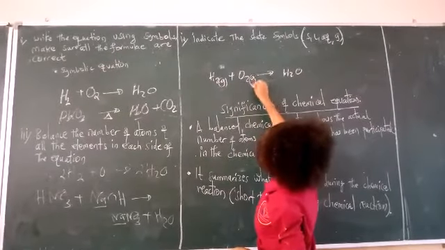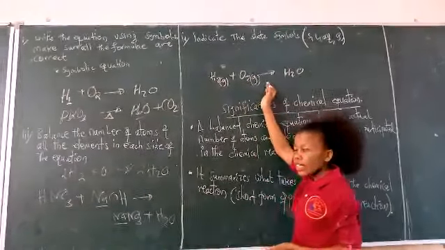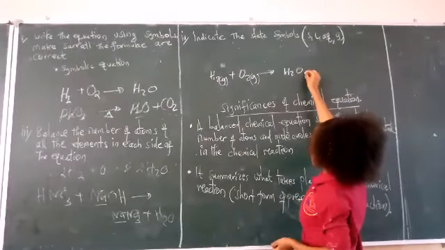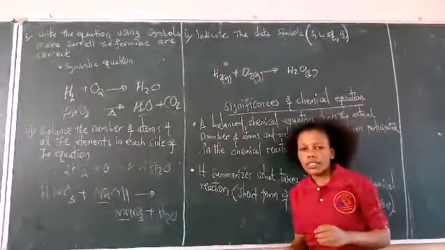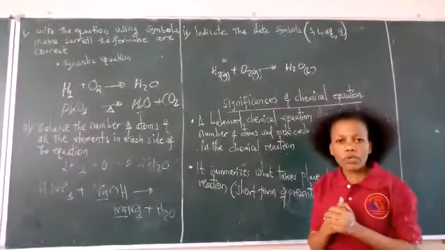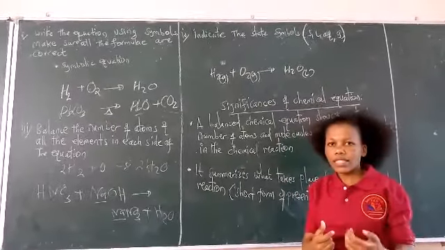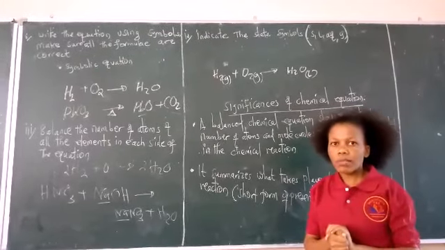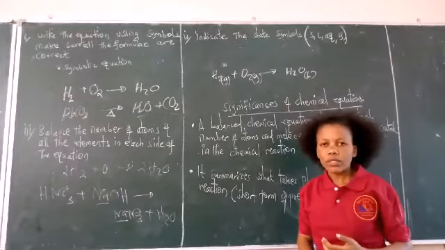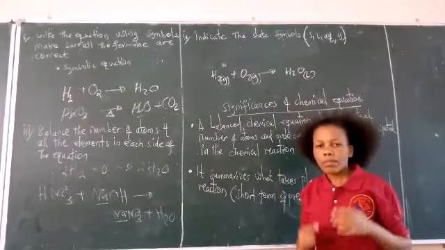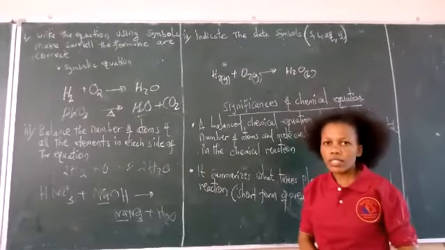Small letter g here indicating that this is oxygen gas. And water is simply a liquid. So the last step is all about indicating the state symbols of elements. We have 4 steps. Write word equation, write symbolic equation, balance the equation, include the state symbols.